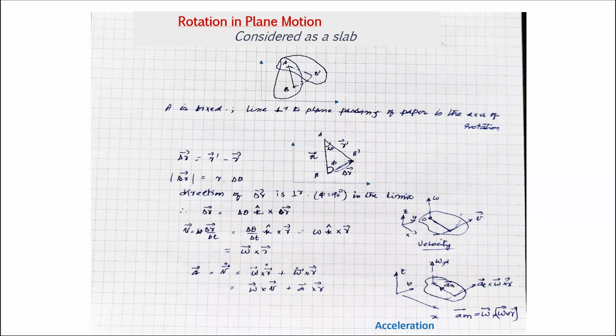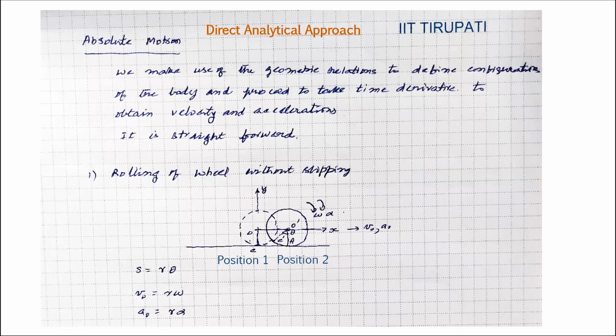For example, we can say that VB is equal to VA, that's the translation part, plus omega cross R. R is the vector assuming that point B is rotating about A, and omega is the angular velocity. Thus we have analyzed the translational component and the rotational component separately.